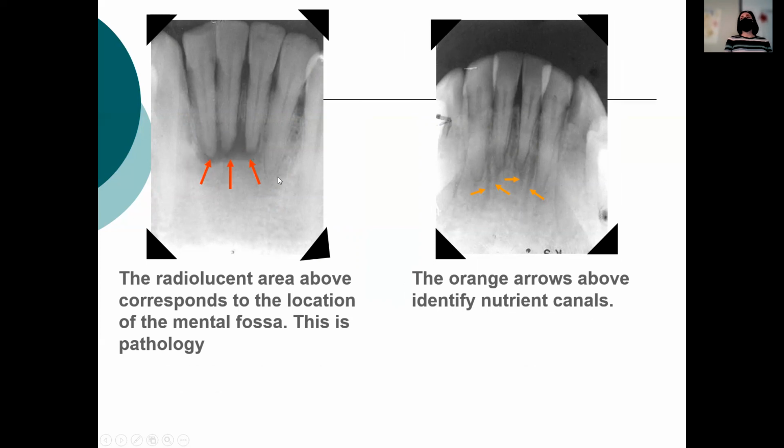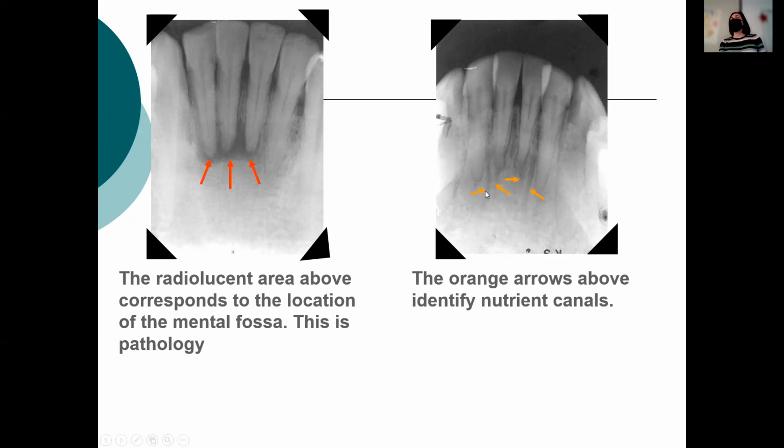When it's the fossa, it gradually goes from radiopaque to radiolucent in the bone. It's not like this hard line of demarcation. So this is just to show that this is a definitely different appearance than the fossa when there's actually some kind of infection going on.